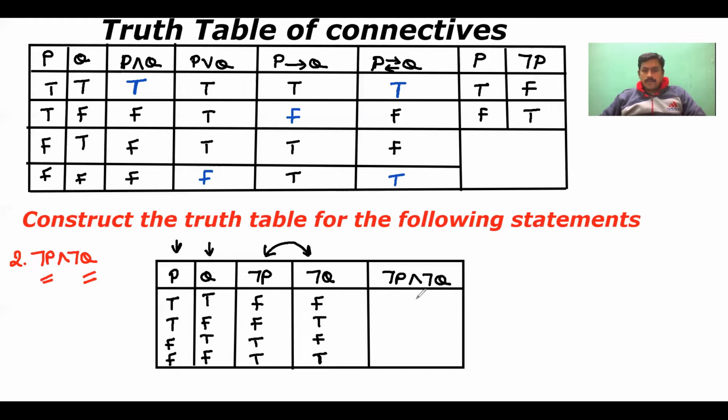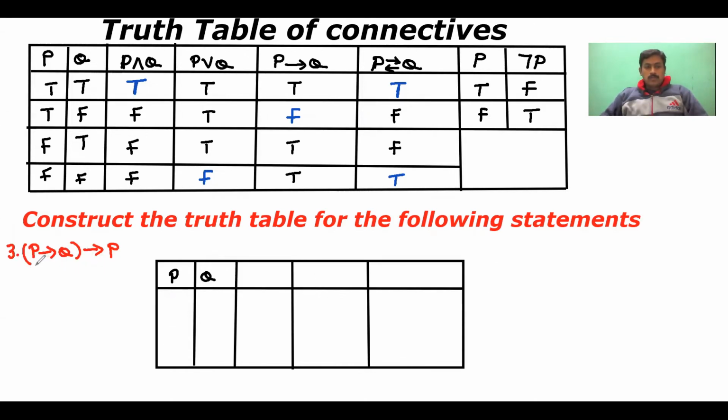So F and F is F, F and T is F, T and F is F, T and T is T. While writing, you just refer to the above table. This is our required truth table for the given problem.